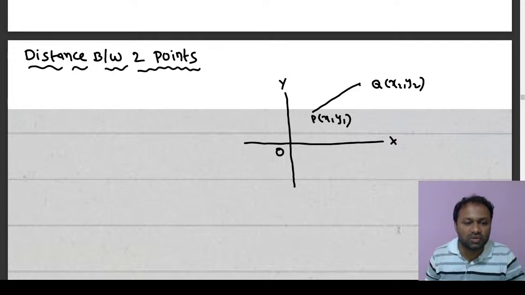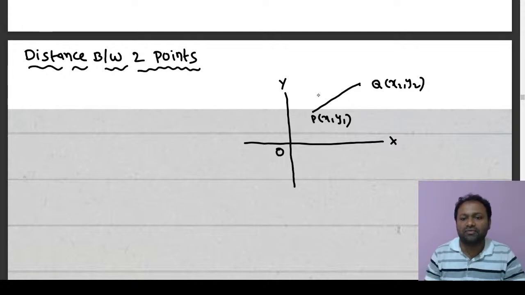Actually I don't want to go into the proof; we are going to see only the formula. Of course the proof comes from Pythagoras theorem, and we can get it easily, but there is no need for the proof at once. Here we are seeing only the definition. So how can we denote the distance between two points? We denote it with PQ, or mod PQ.